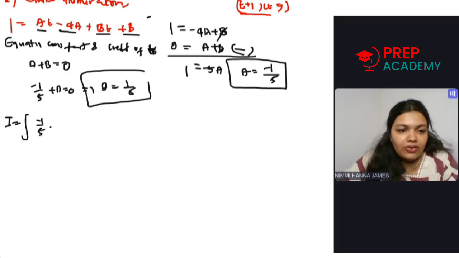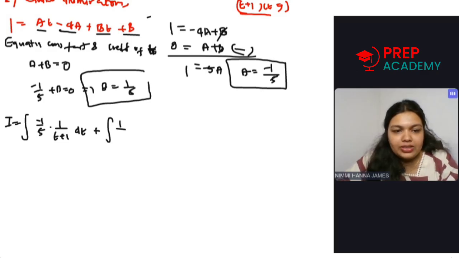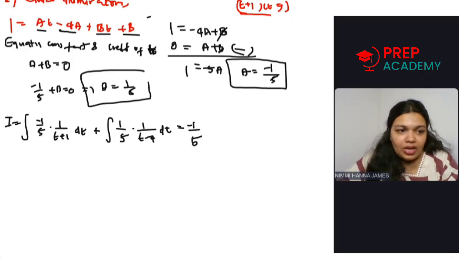So minus 1 by 5 into integral of 1 by (t plus 1) dt, plus integral of b, that is 1 by 5, into 1 by (t minus 4) dt, which is equal to, now integrating, minus 1 by 5, I kept it there. The integral of 1 by (t plus 1) is log of (t plus 1).